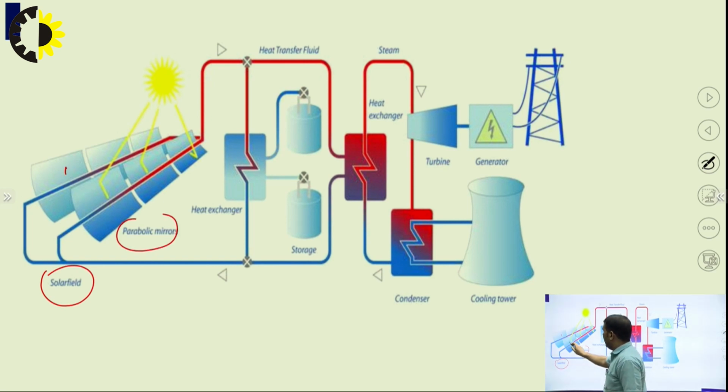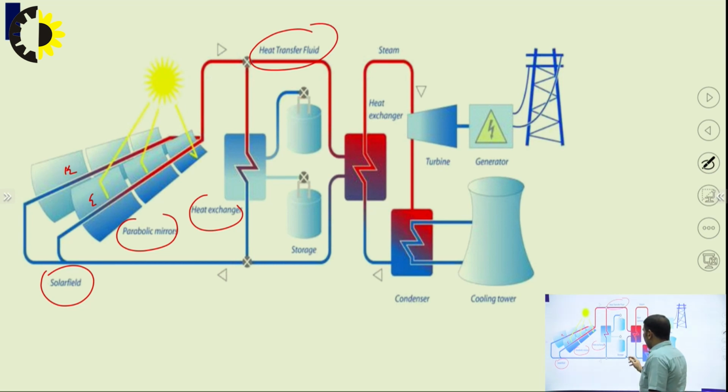When the sun rays come here, this is the heat exchanger, which exchanges heat, and this is the heat transfer fluid, and these are the storage tanks for thermal energy storage, TES. And again we have a heat exchanger where the fluid is converted into steam with the help of the solar beam radiation, or heat.